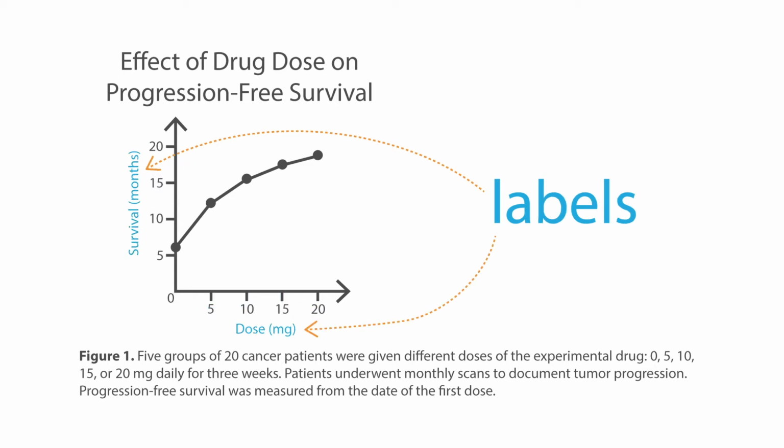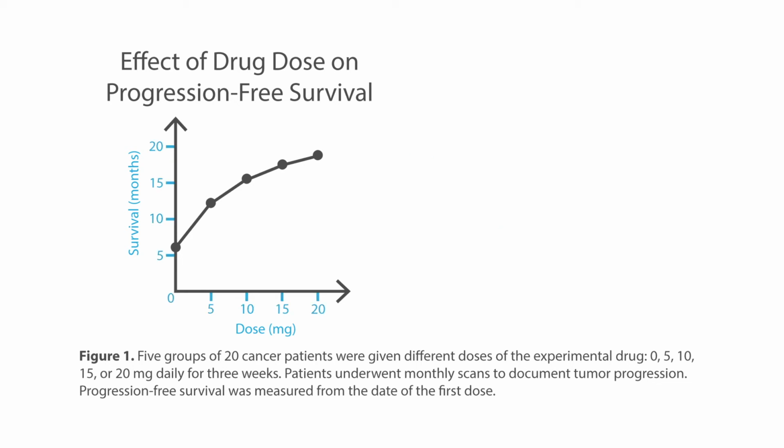Each axis should also have a label that tells you what the axis is representing. The axis label should include the units, and the units are often written in parentheses. Here, for example, our x-axis represents the dose of the drug, while our y-axis represents the survival time in months. We use the scale and the labels together to help us interpret what the data on our graph means.